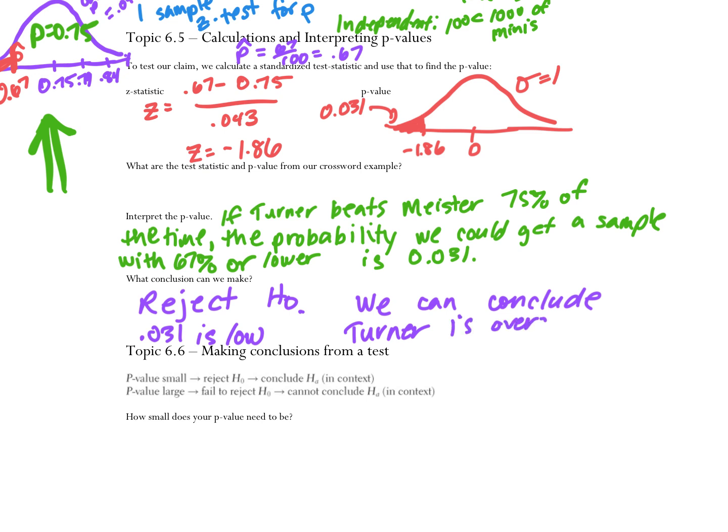Because of the two of us, she's the arrogant one. That's not true at all. Okay. So the general rule of thumb is if our p-value is low, we reject the null hypothesis and conclude the alternative. Is everybody good?